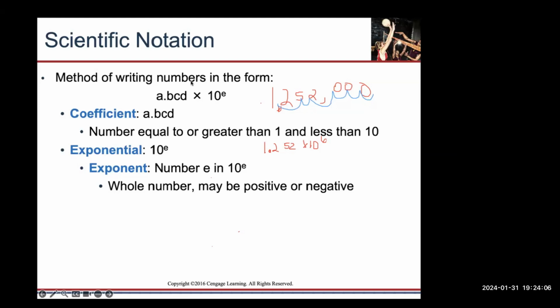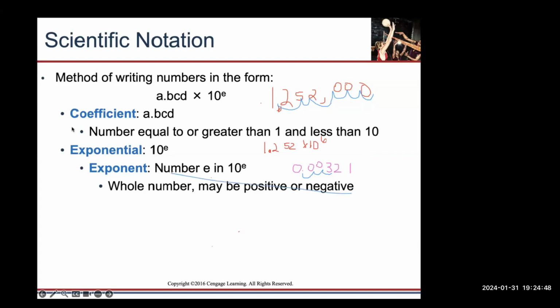Now, if our number is a very small number, let's say it is 0.00321. So in this case, we're going to start where the decimal is, and we're going to move over 1, 2, 3. So in the case where we have a whole number that is a non-zero number, that's going to be our first number.